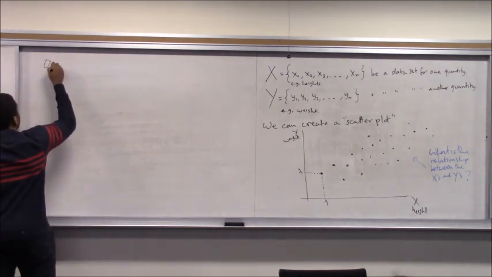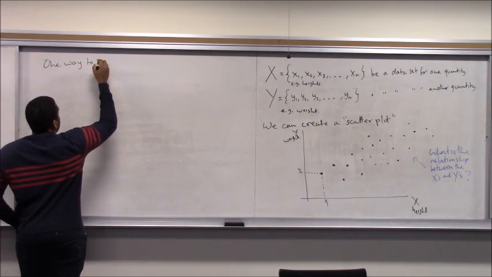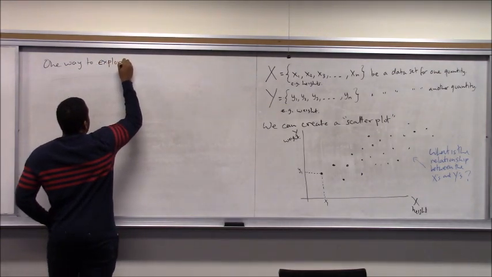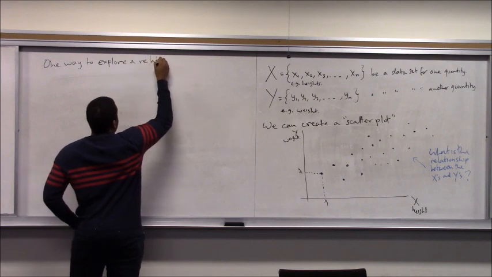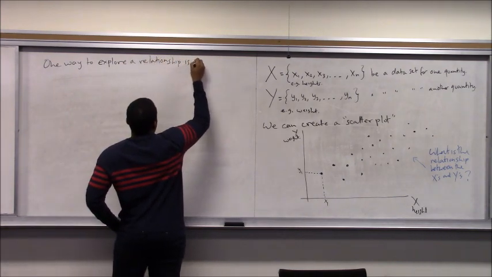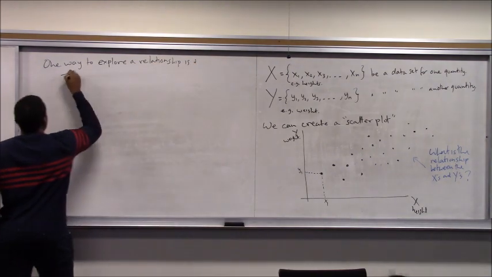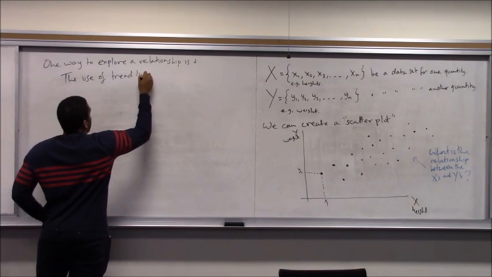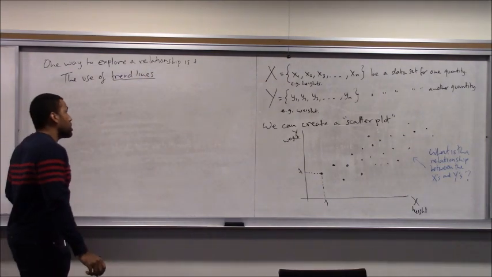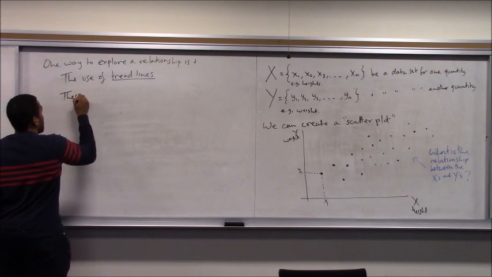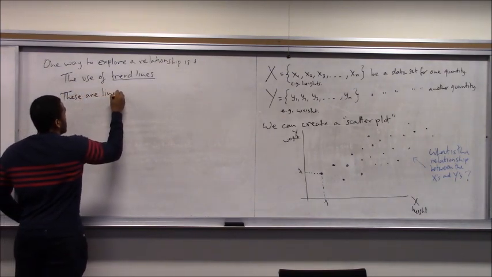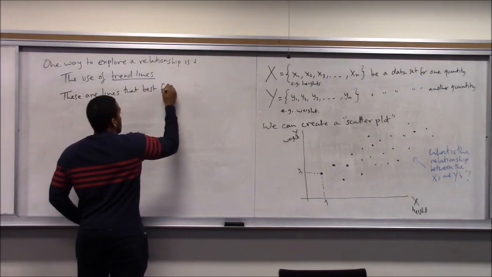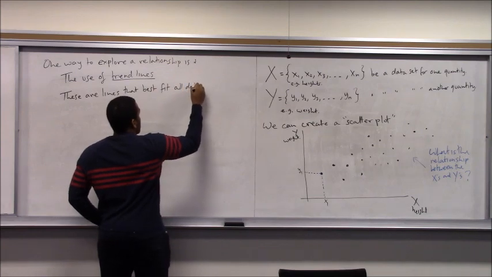So one way to explore a relationship is the use of what we call trend lines. So these are lines that best fit all data points.